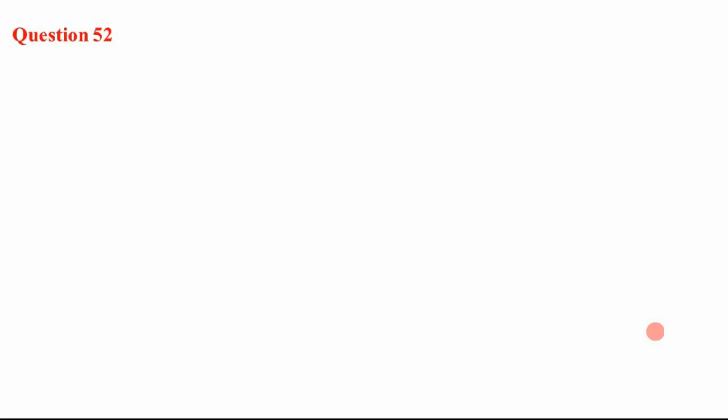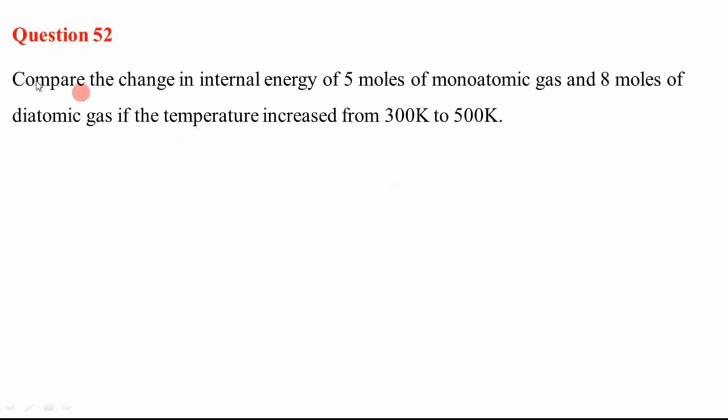Question 52 is saying, compare the change in internal energy for 5 moles of monoatomic gas and 8 moles of diatomic gas if the temperature increased from 300 Kelvin to 500 Kelvin.